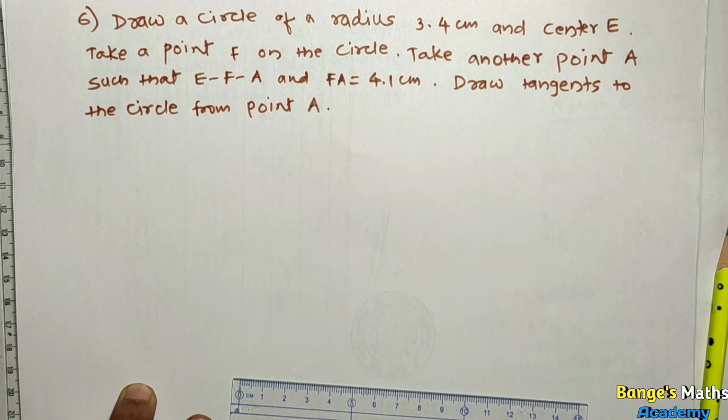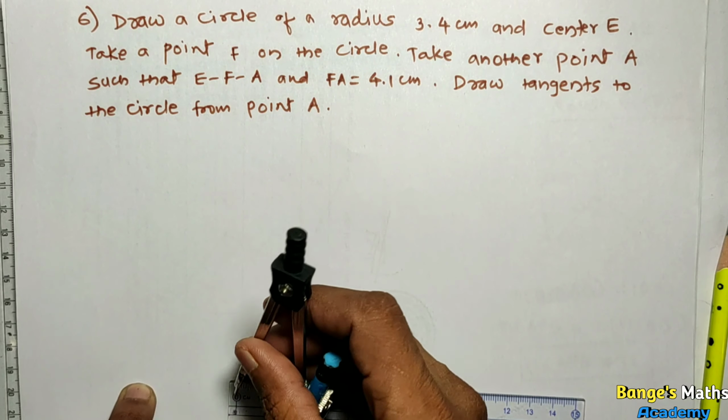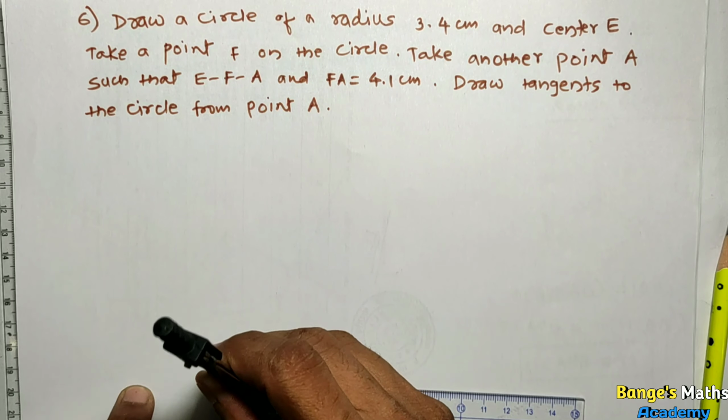We have to draw a circle with radius 3.4 centimeter.